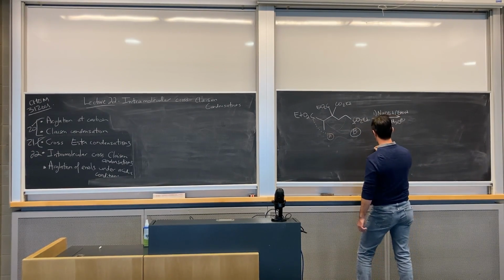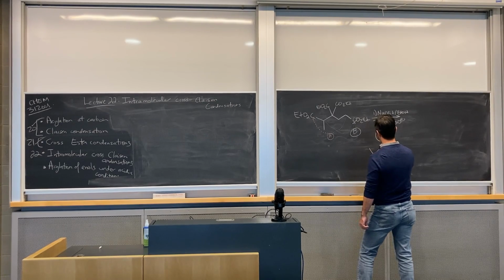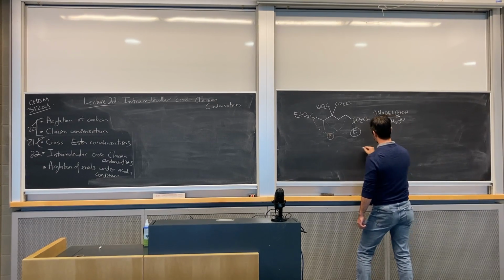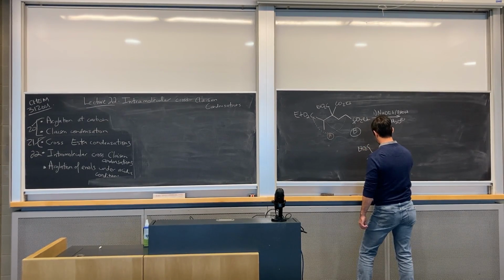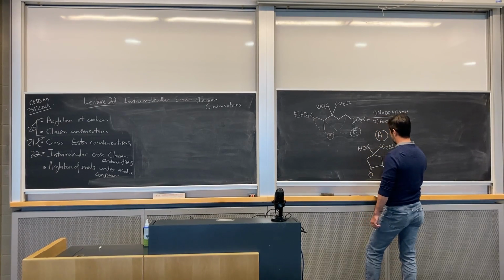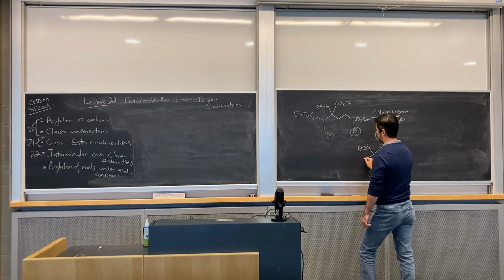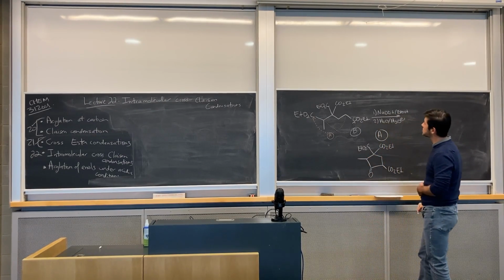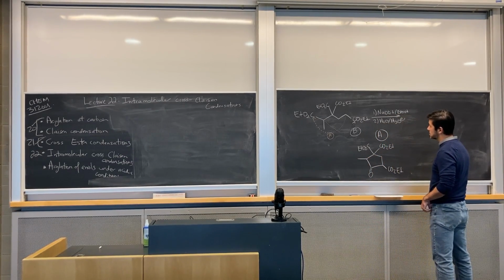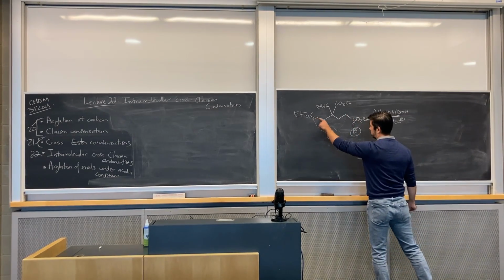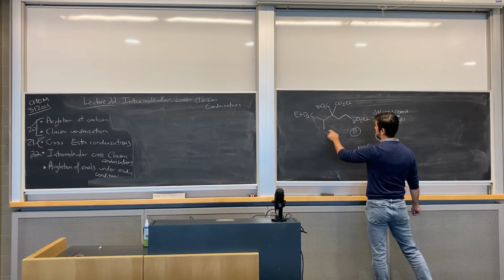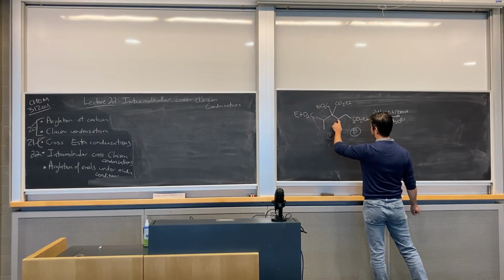So if you do that, your compound is going to end up looking like, okay, so that's compound A. All right, so you can imagine 1, 2, 3, 4, 5. 1, 2, 3, 4, 5. Okay?